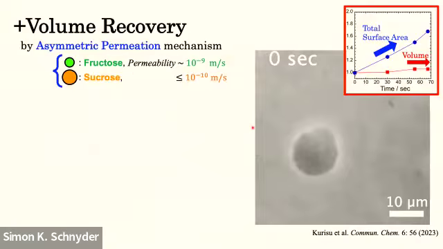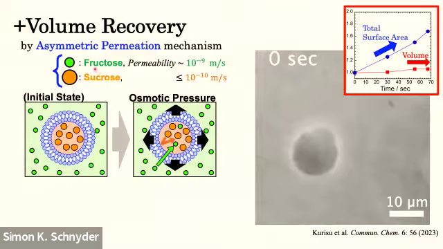So finally, I applied a volume recovery system using an asymmetric permeation mechanism. Here, the fructose molecule and sucrose molecule have different molecular sizes, and the membrane permeability of the molecules is very different. So in the initial state, we encapsulate sucrose molecules inside the vesicle membrane, and the outside solution contains fructose solution.